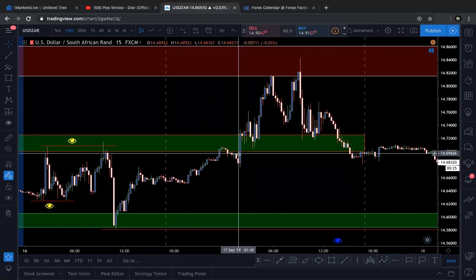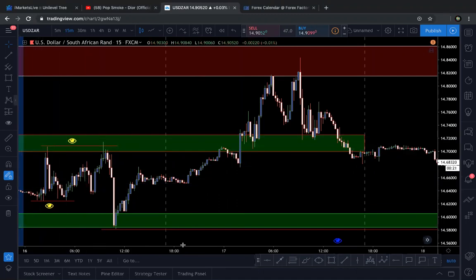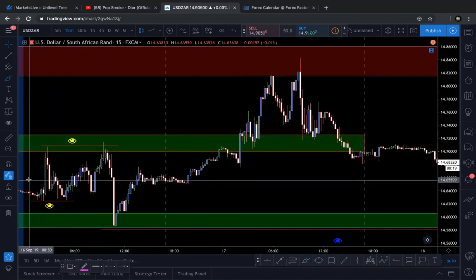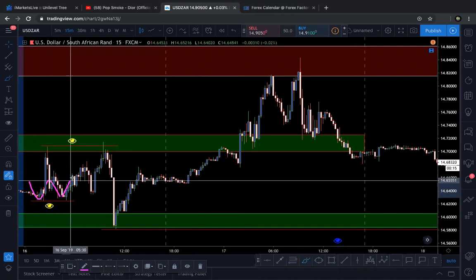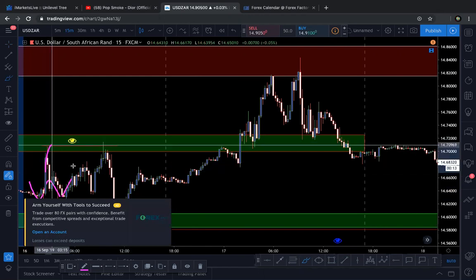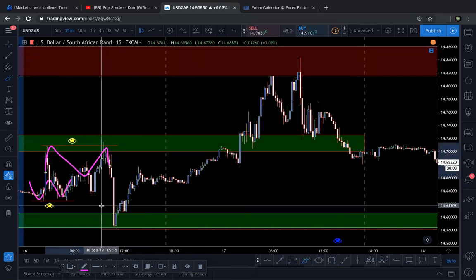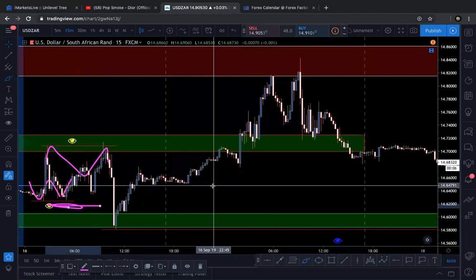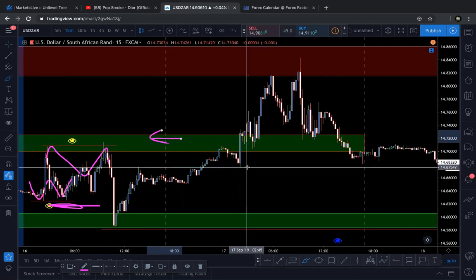So when they broke this high, because remember, the model is: create the W to create the M, to come take out that W, to eventually come take out the M. That's the model.